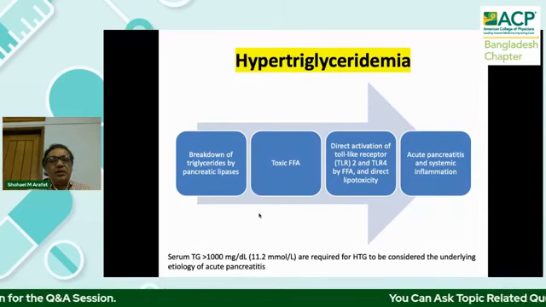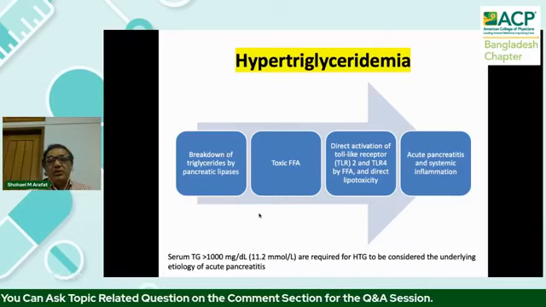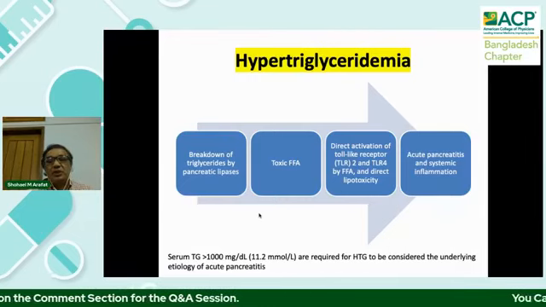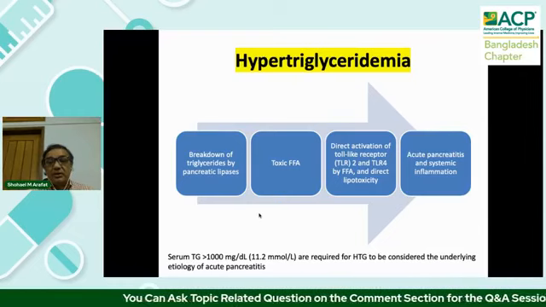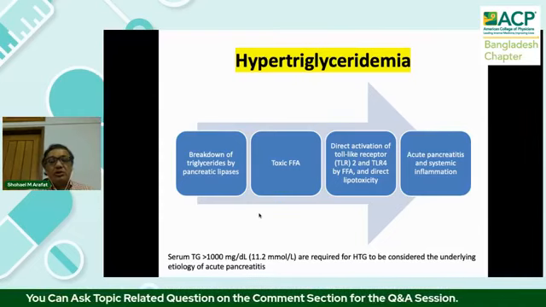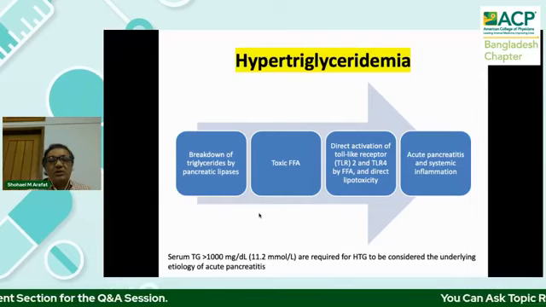When pancreatic lipase is activated, it leads to breakdown of triglycerides into free fatty acids, and these free fatty acids cause direct activation of toll-like receptor 2 and toll-like receptor 4, and direct lipotoxicity, causing acute pancreatitis and leading to systemic inflammation. So I've said already that more than 1,000 milligram of triglyceride is required for hypertriglyceridemia to be considered as an underlying etiology of acute pancreatitis.